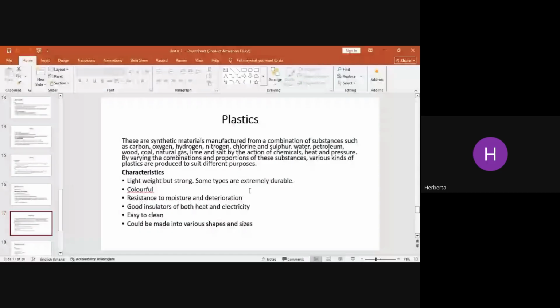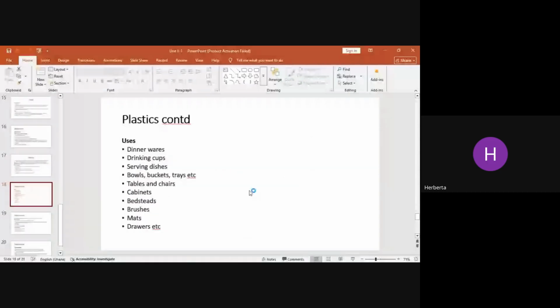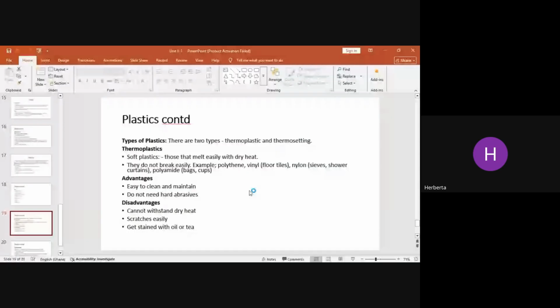We have different types of plastics. We have two main types of plastics: thermosetting plastics and thermoplastics.